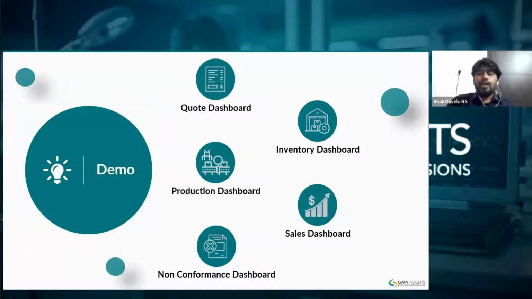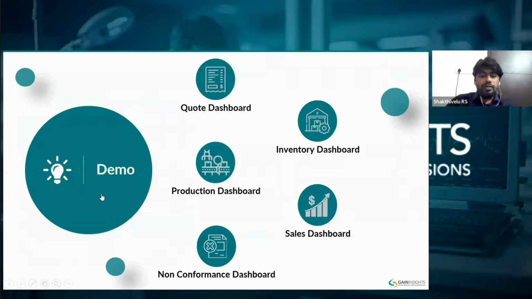Now, enough of all these slides. Let us dive into the analytics listed here: the quote dashboard, inventory, production, sales, and non-conformance dashboards, listed in the way they move in a particular manufacturing process, each providing insights on every step involved in the business.